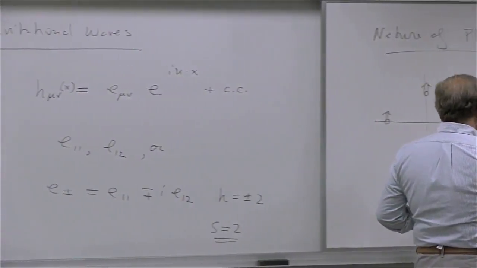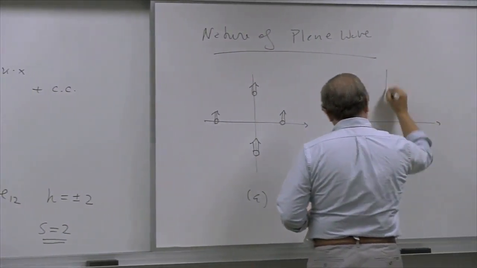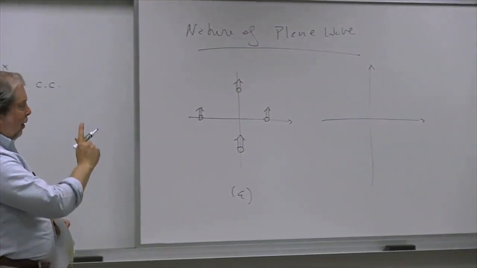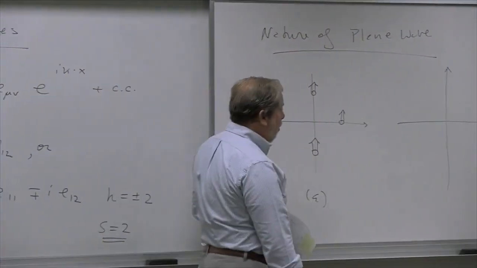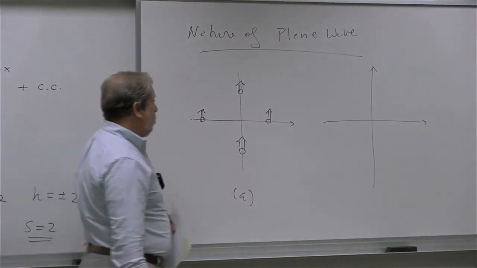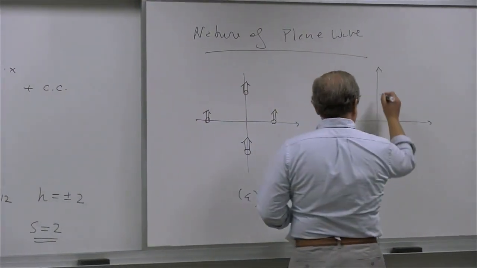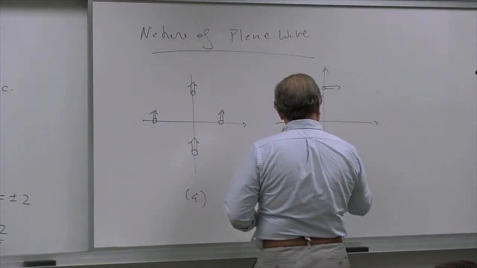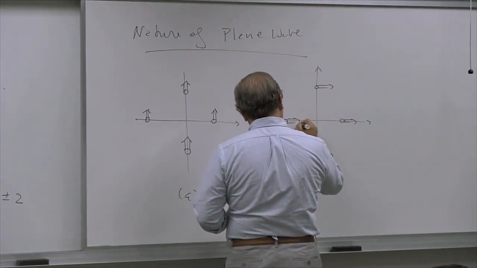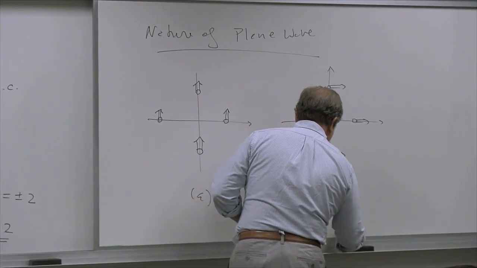And we also have a second possibility: instead of the wave being polarized along, say, the x direction, it will be polarized along the y direction, for a wave for which k is parallel to z, right? And so that corresponds to a polarization that looks like that. And so that would be case B.